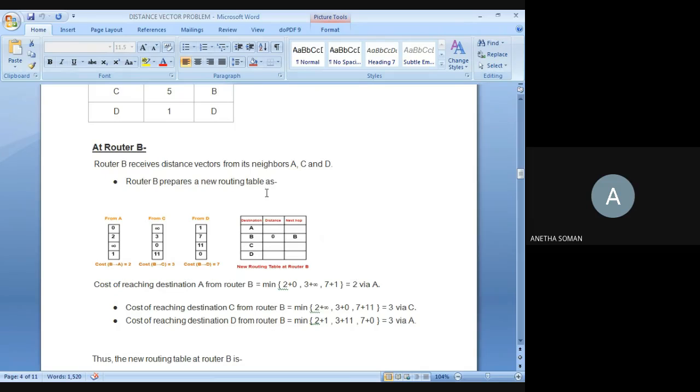Now, what is the new routing table for B? With all these values, you create a table for B. Initially, you had a table for B. Just change that with these new values. So what is the new routing table?